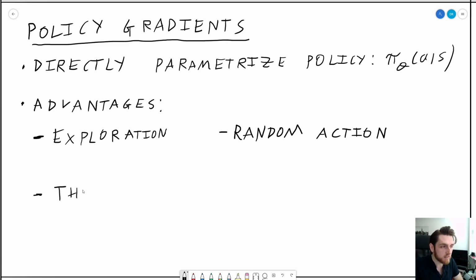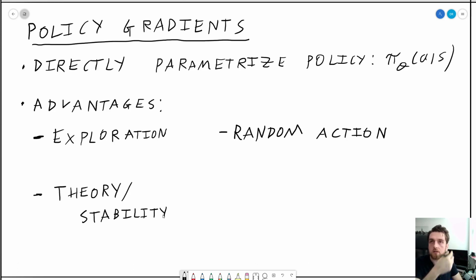Another advantage is the theory behind policy gradients, and in particular, the stability that this theory shows it has. In contrast to value-based methods, if I have a parameterization of the value function and base my policy on an epsilon greedy version of choosing the action with the highest value, then if I change the weights very slightly and suddenly the action which is optimal changes, the policy changes dramatically.